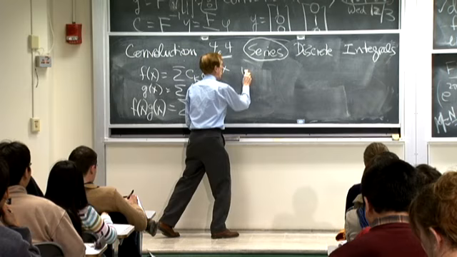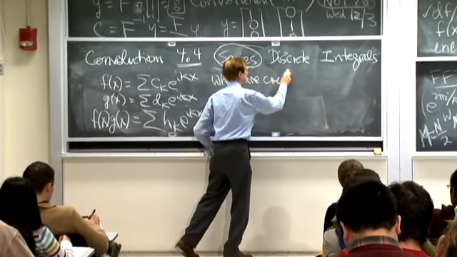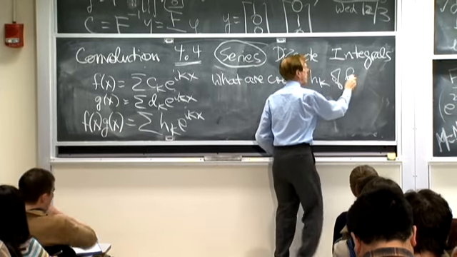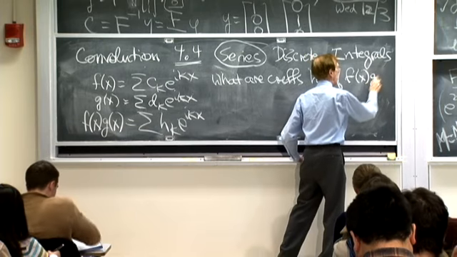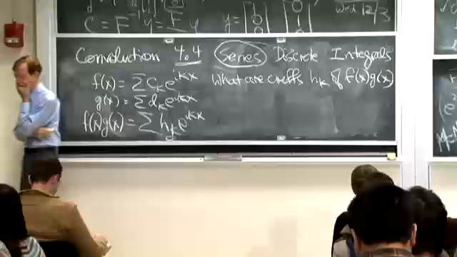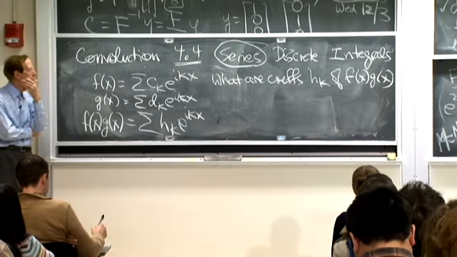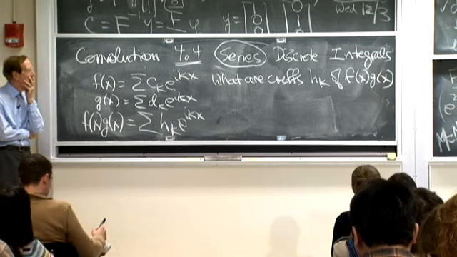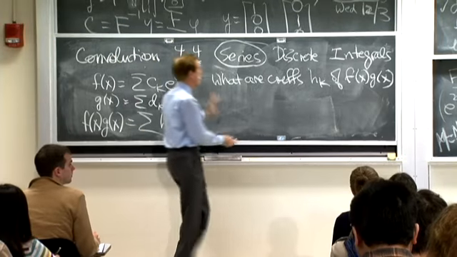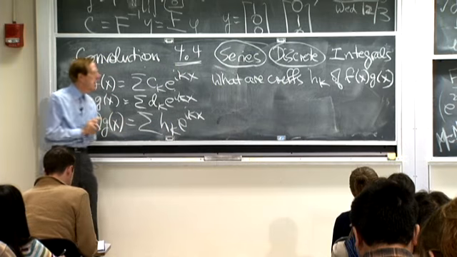My question is, what are the coefficients h_k of f times g? That's the question that convolution answers. Actually, I'll do both; the series and the discrete series are highly interesting.